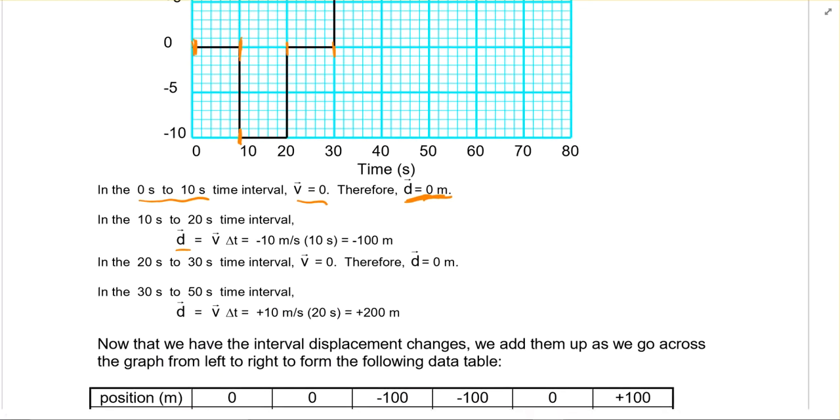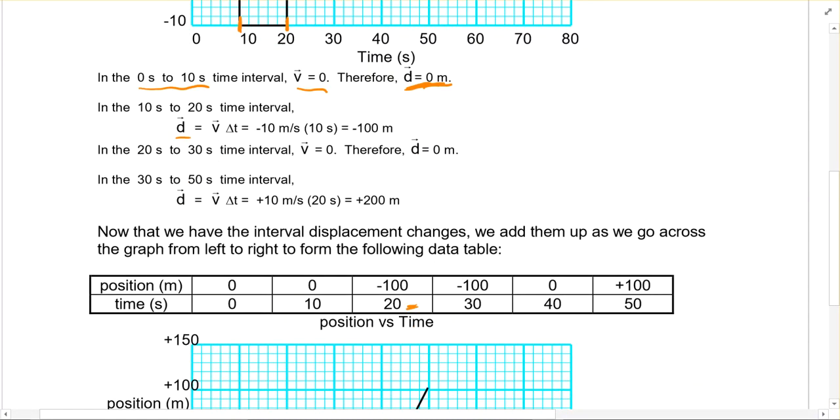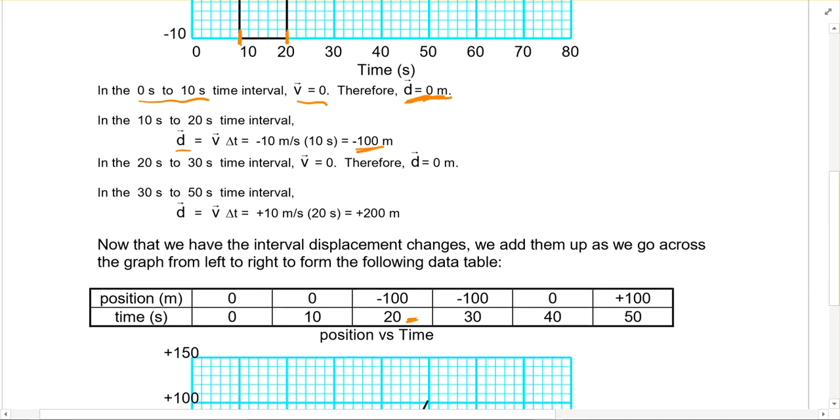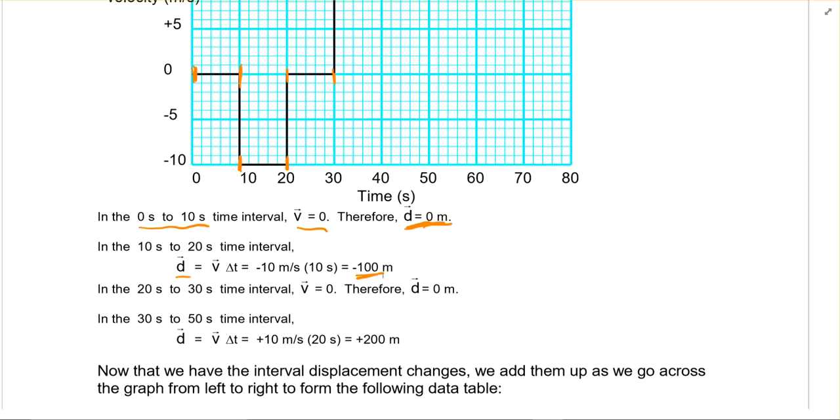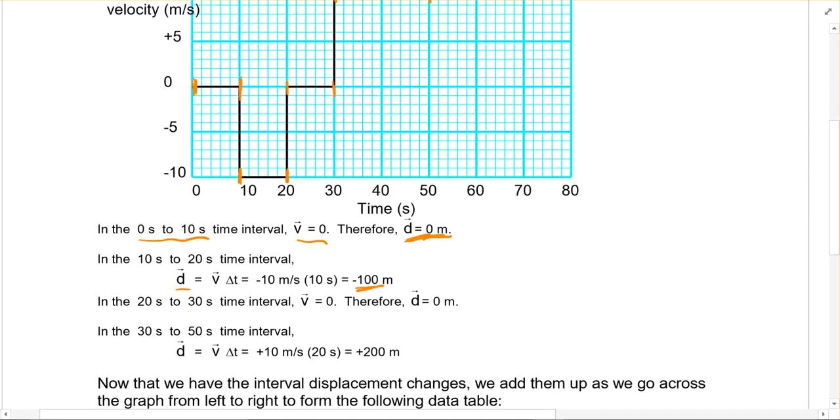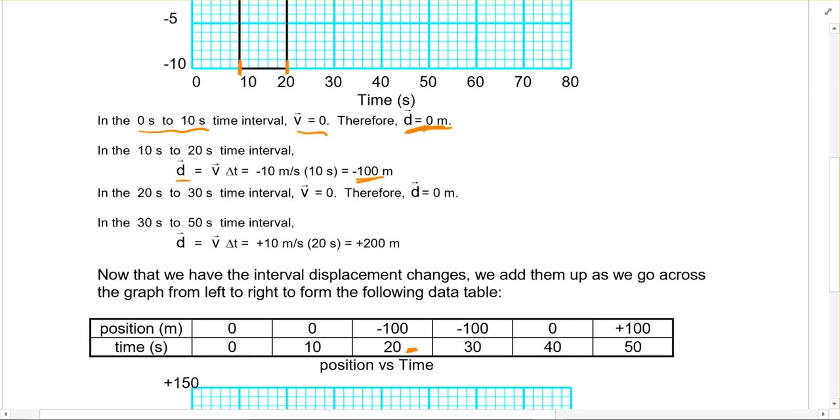Then from the 10 to 20, I look more at the 20 spot. So at 20, we said that our displacement was negative 100. At the 30 point, we said that it was 0, right?